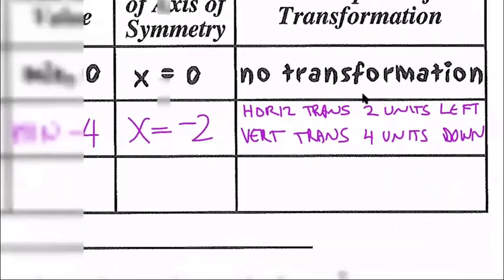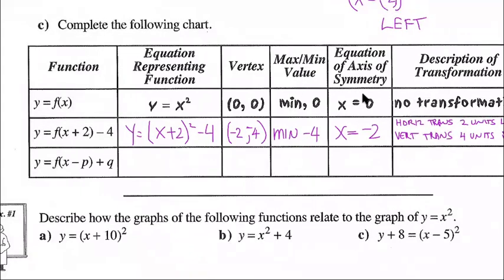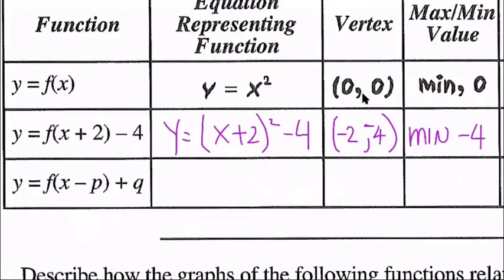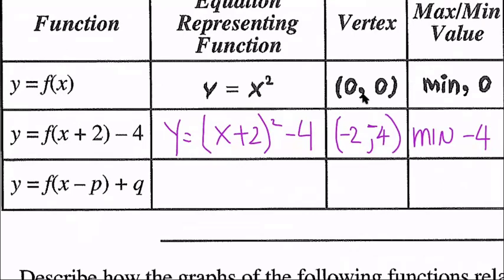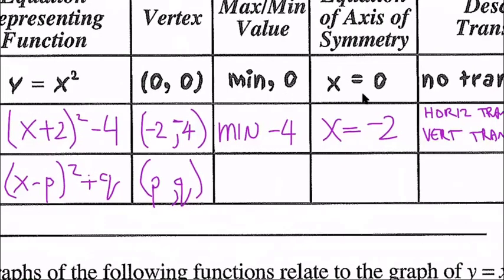which shows us now how we can use the parameters p and q to manipulate our parabola. f of x minus p, our equation is going to be y is equal to bracket x minus p squared plus q. Our coordinates of our vertex will be p, q. Our minimum value is q.